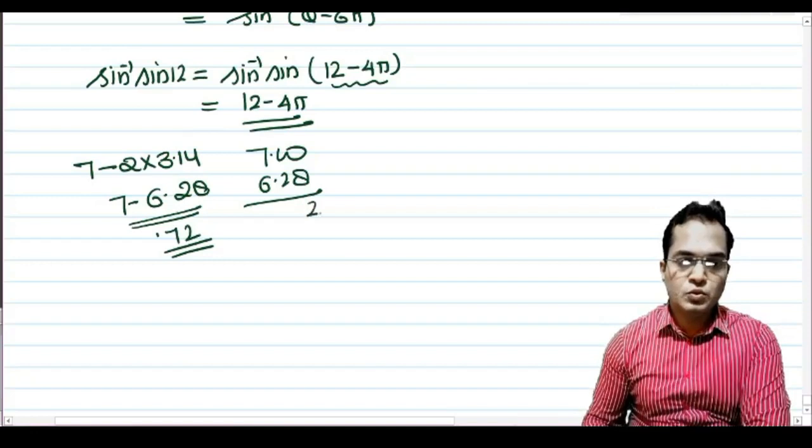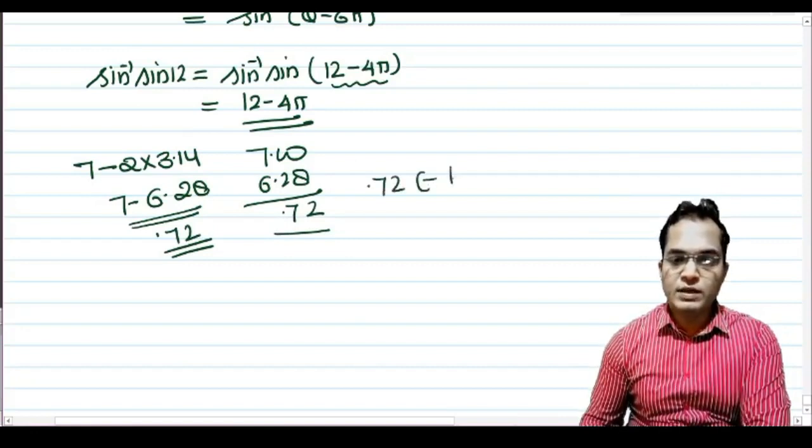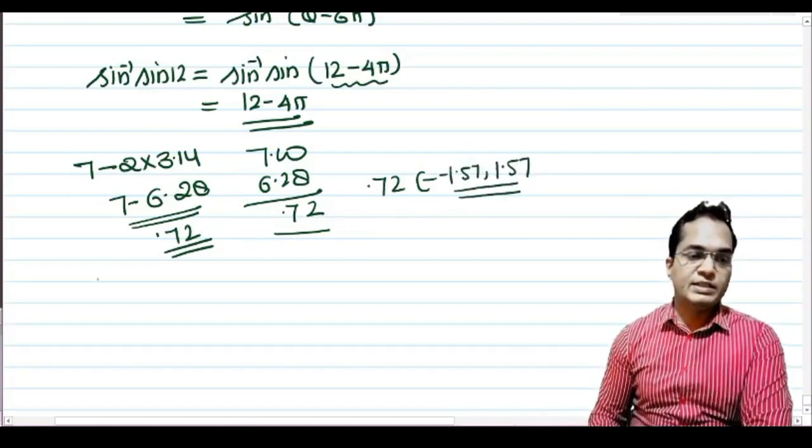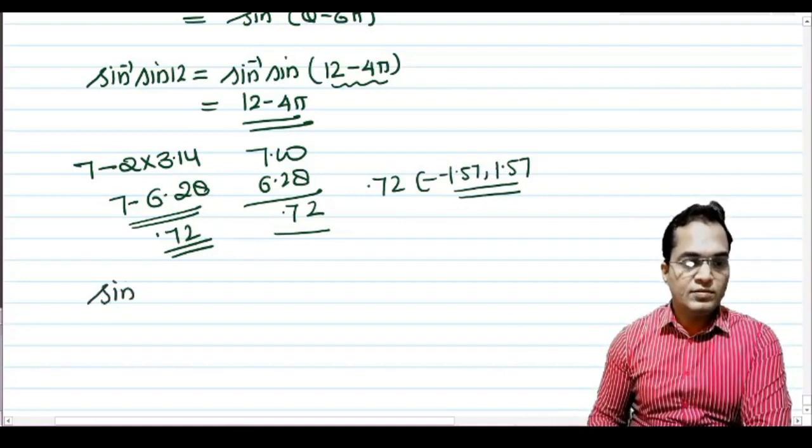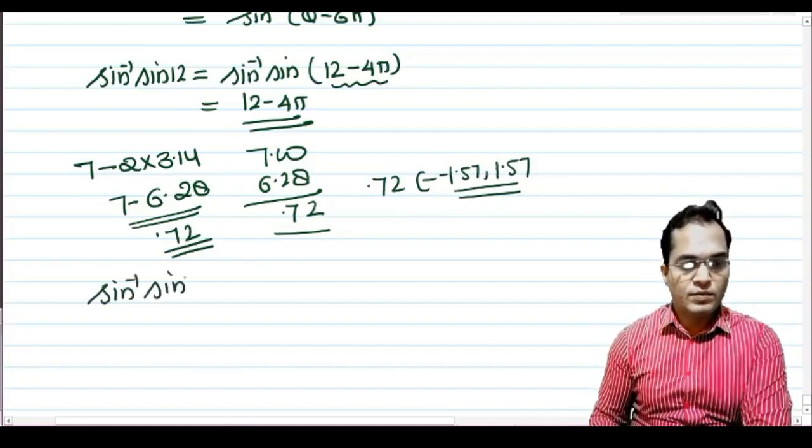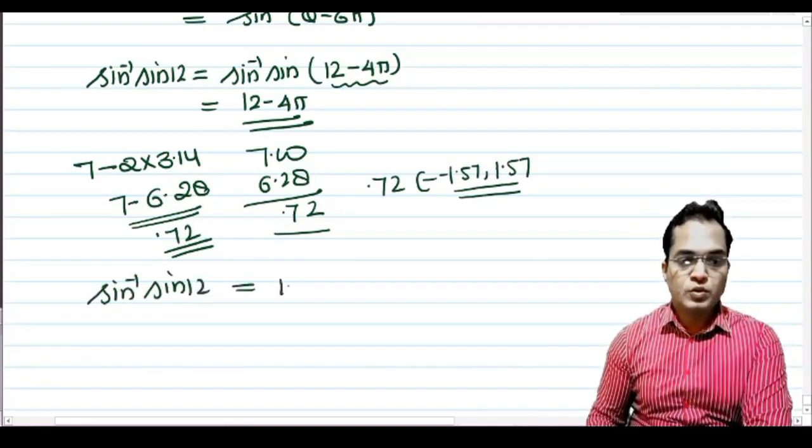It is 0.72, and as we know 0.72 lies between minus 1.57 to 1.57. That's why we can say that sine inverse sine 12 will become 12 minus 4 pi.